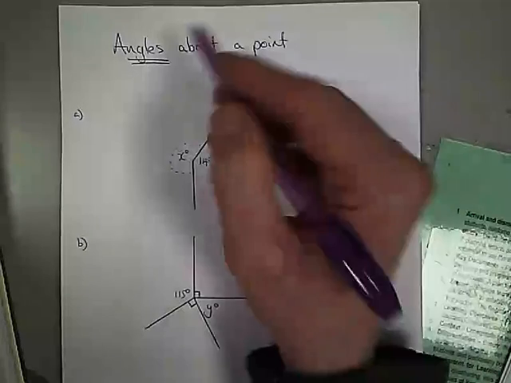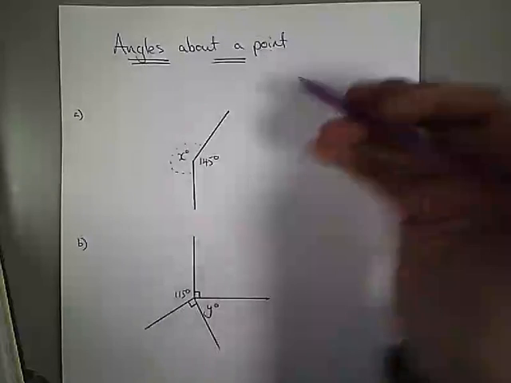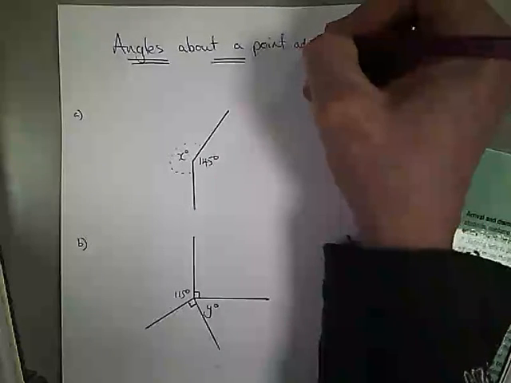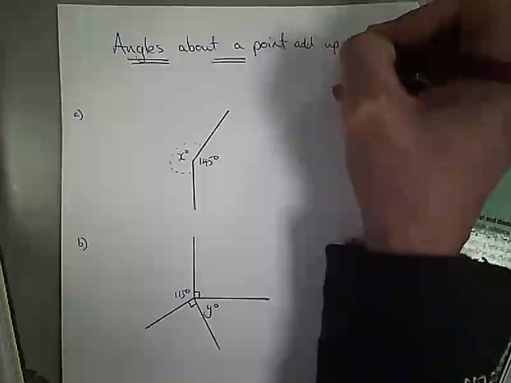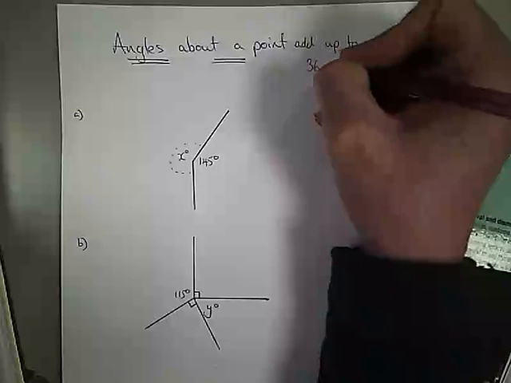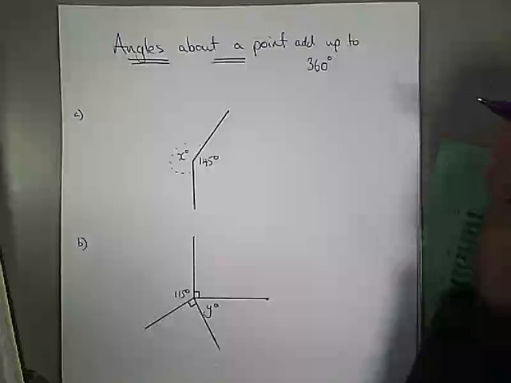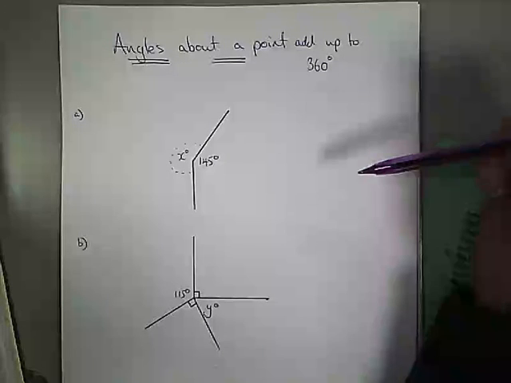So angles about a point add up to 360 degrees. Now we can use that fact every time, whenever we're looking for missing angles.